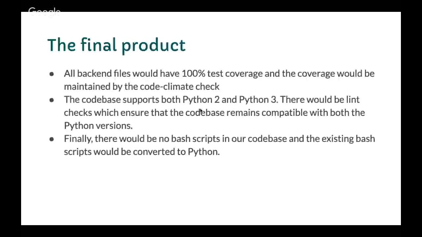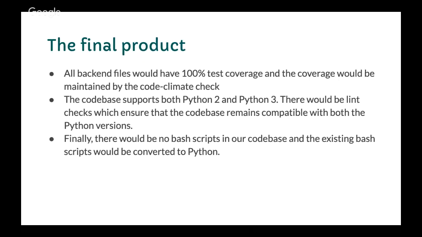Okay, so the final product. All backend files will have 100% test coverage, and there is a check which will ensure that no untested PR goes in. This check is provided by Code Climate.